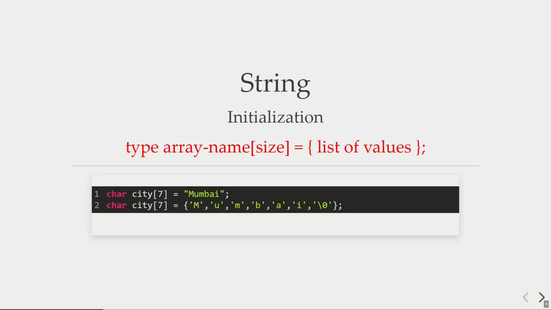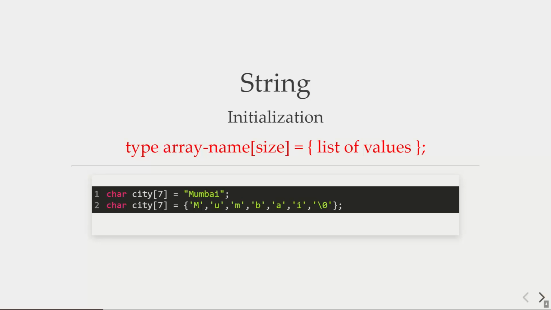That's why every string should end with \0. Another thing to note from here is that when you assign it using double quotes, \0 is added automatically, whereas when you use curly braces, you have to add it manually. So what happens if you forgot to add \0?